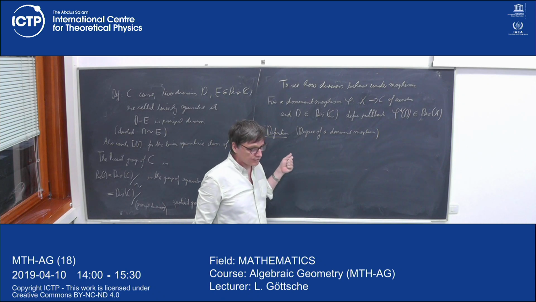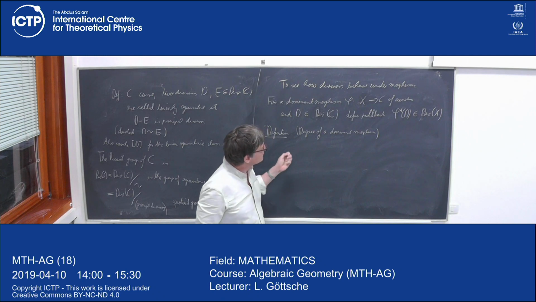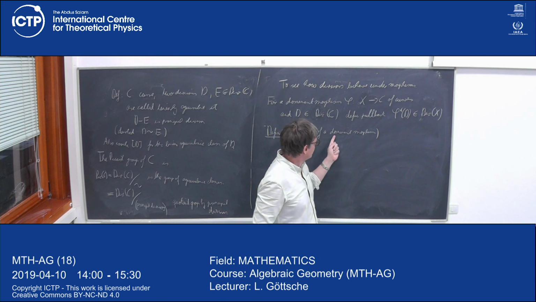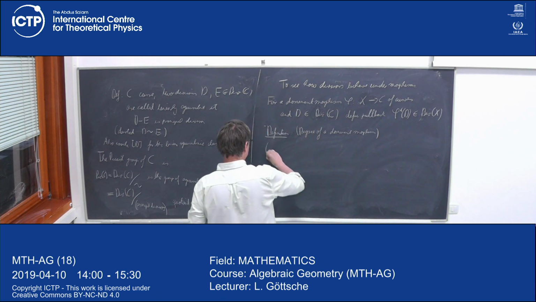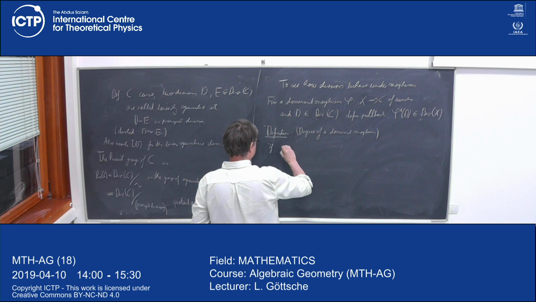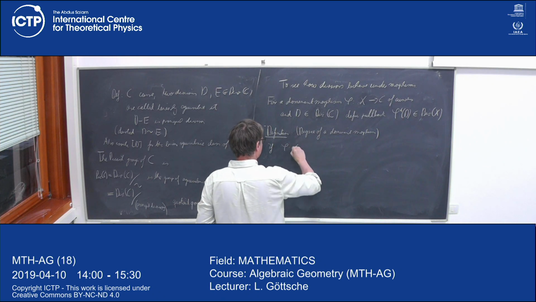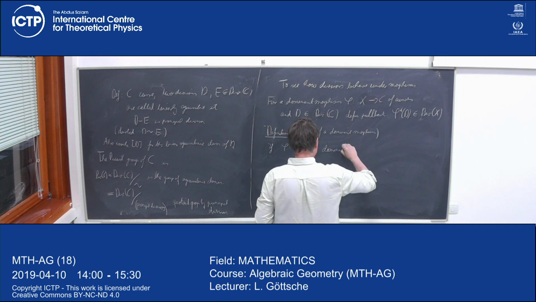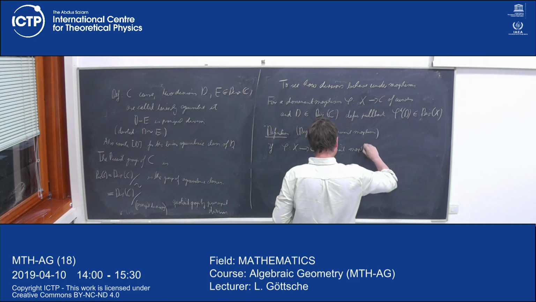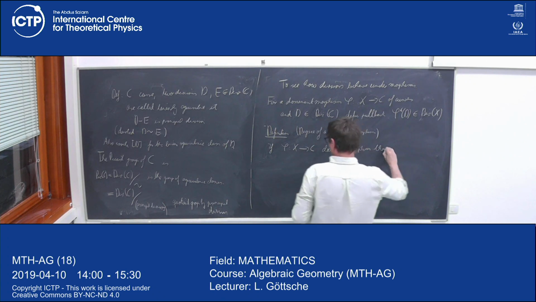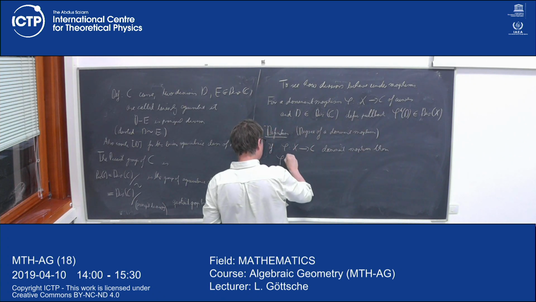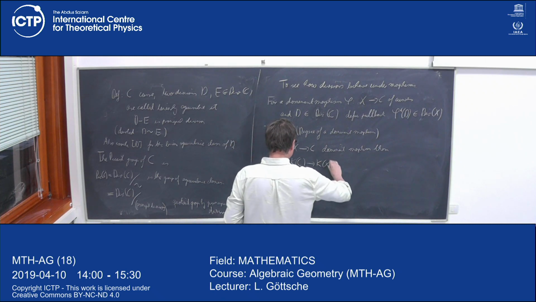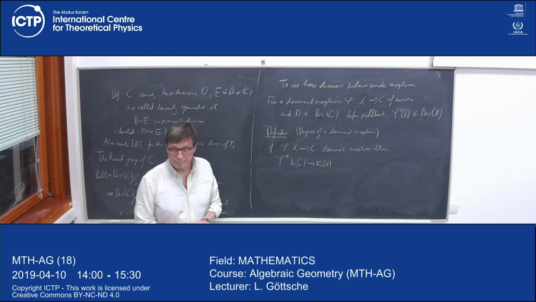So let me just remind you, if phi from X to C is a dominant morphism, then phi upper star from Kc to Kx is a homomorphism of fields.